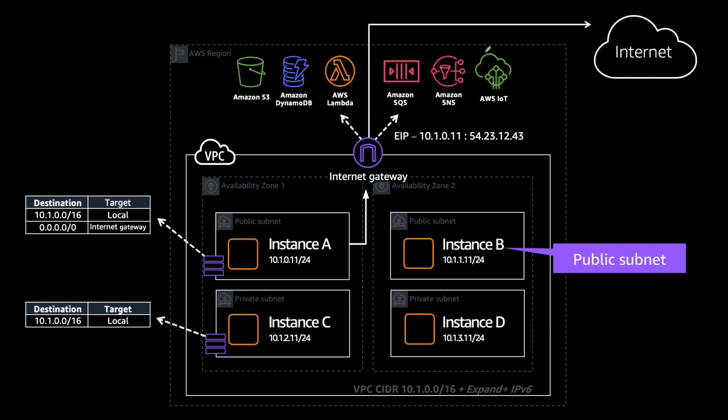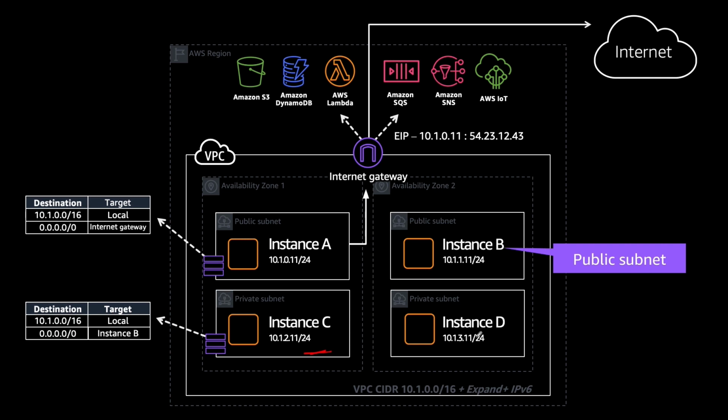That's good, but how about the private subnet instances, like instance C or instance D, if they want to access the internet? There are multiple reasons why instances in the private subnet might need internet access. One use case is that your backend servers, which are not public facing, need a patch or an update, so they need internet access.